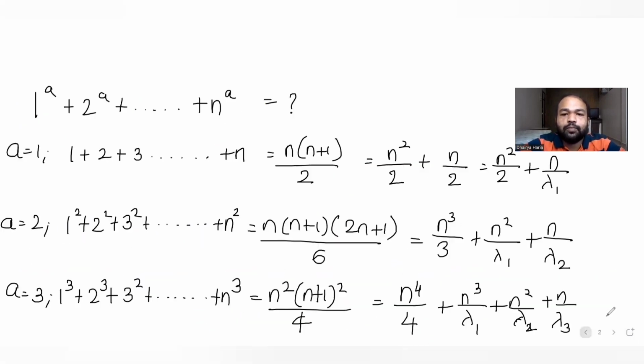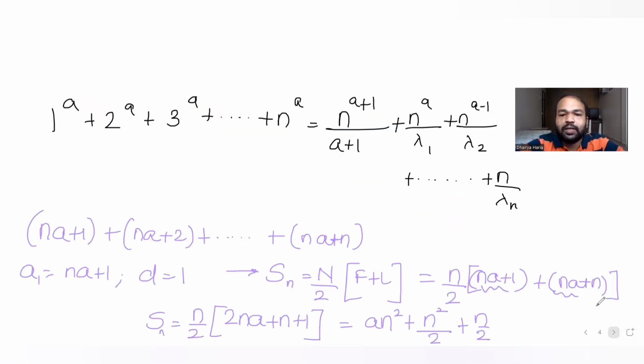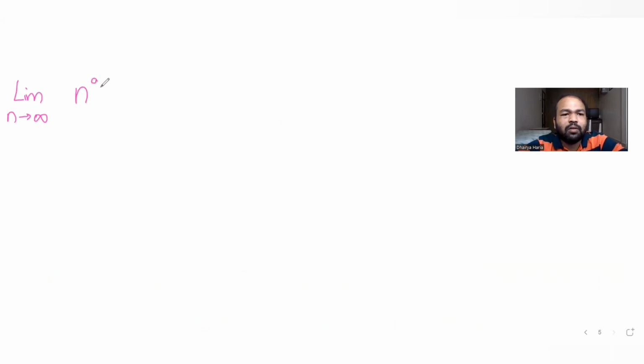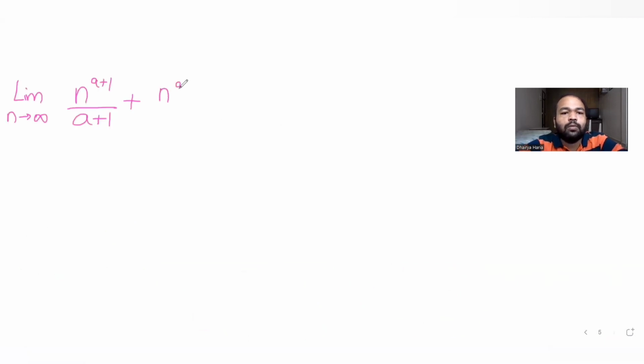Now we have been told here that limit n tends to infinity, the numerator, the sum of these terms in the numerator, is given to us as n raised to a plus 1 upon a plus 1, plus n raised to a by lambda 1, n raised to a minus 1 by lambda. This goes on and on till the last term being n upon lambda raised to n. Well, lambda is some constant.